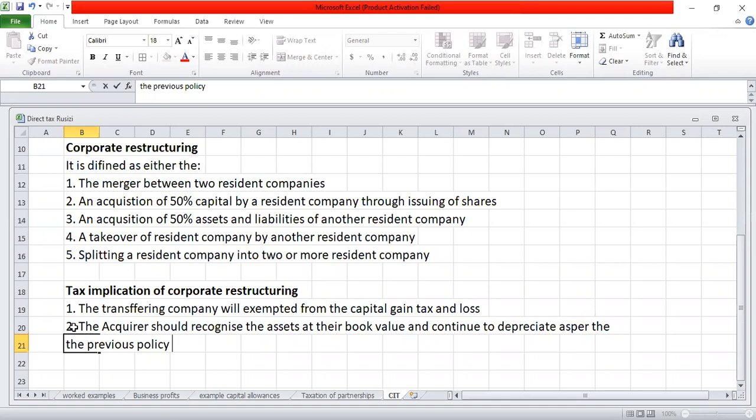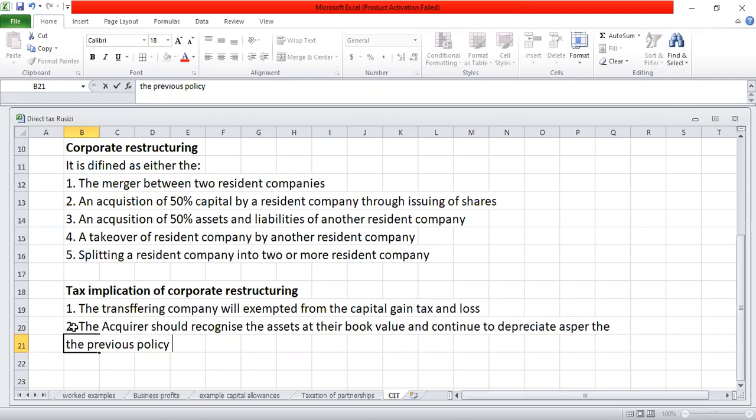Please, always look at the question well and find out whether the question is about corporate restructuring or not. If there is an acquisition, a resident company has acquired another resident company but has acquired 40%, that one is not restructuring. But if a resident company has acquired another resident company and has acquired more than 50%, automatically that is a corporate restructuring.